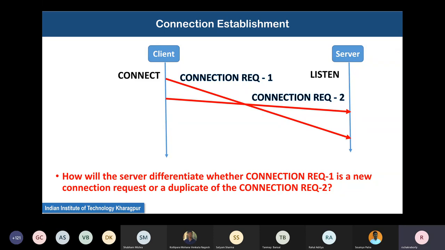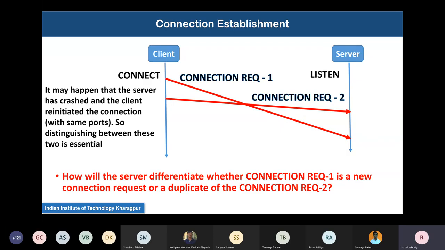There is a duplicate in the network for the same connection, but it is delayed. This can also happen if the server suddenly disconnects and then the client reinitiates the connection with the same port. So distinguishing between these two is also essential.